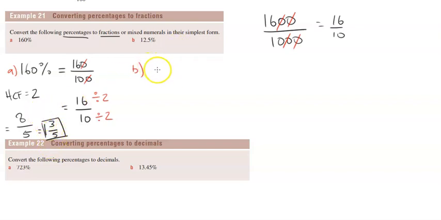B, 12.5%. To convert this, again, 12.5 over 100. Now we're in a situation where there are 2 ways that we can tackle this. The way that I prefer is whenever we see a decimal within a fraction, this is actually deemed quite unusual. We don't usually see decimals within fractions. To compensate for this, I'm going to turn this into 125.